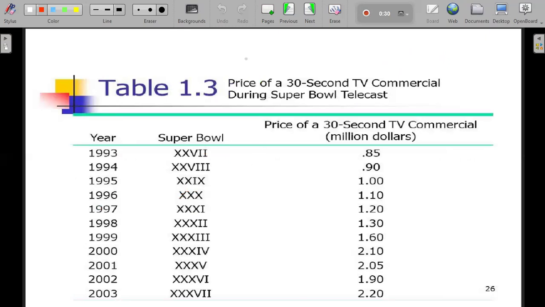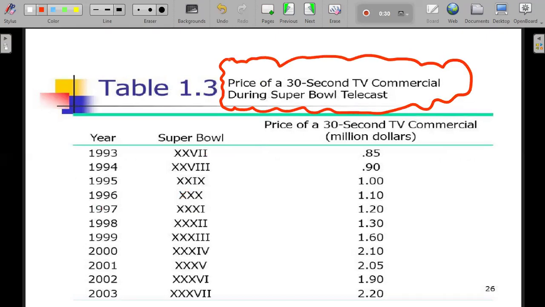An example of time series data is this here. What was the variable? The variable is this thing that I'm circling: the price of a 30-second TV commercial during the Super Bowl telecast. For example, let me give an example of the World Cup. The World Cup happens every 4 years, right?